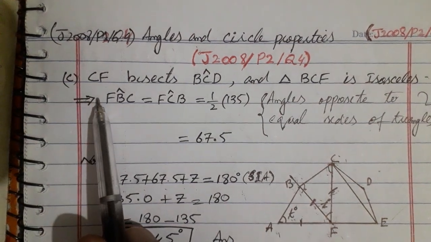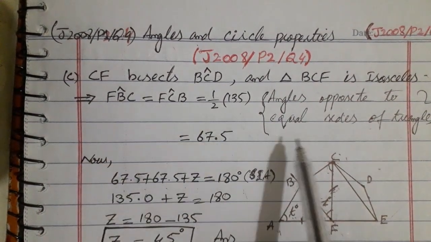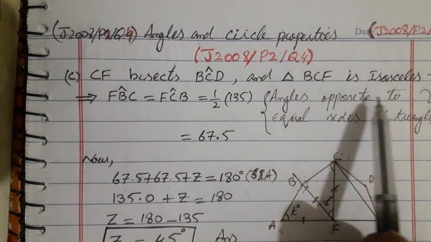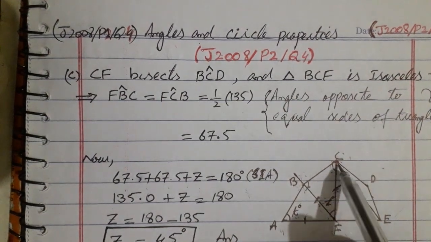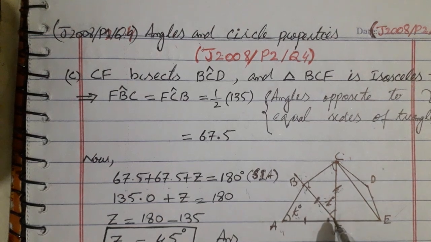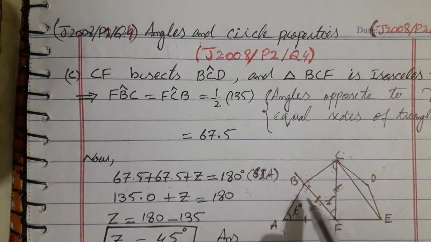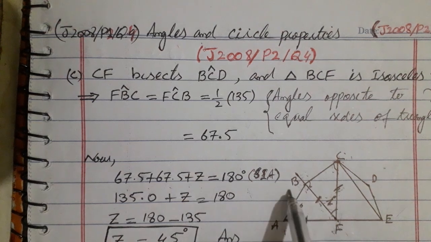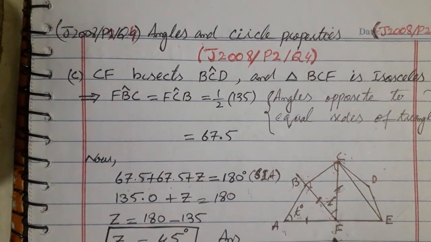Part 3. CF bisects BCD and triangle BCF is an isosceles triangle in which BF is equal to CF.